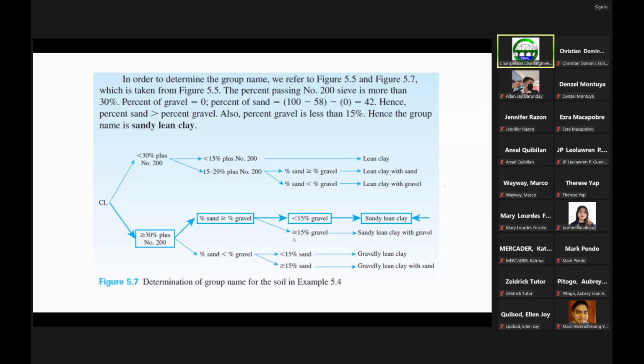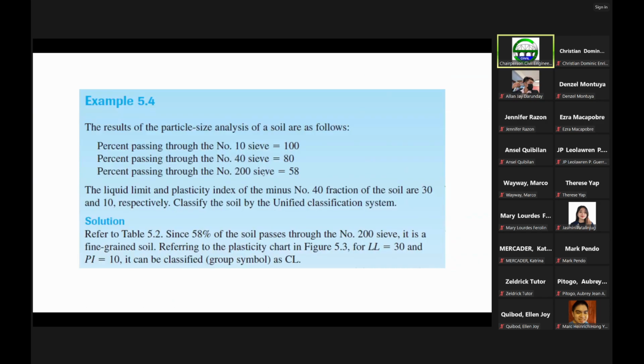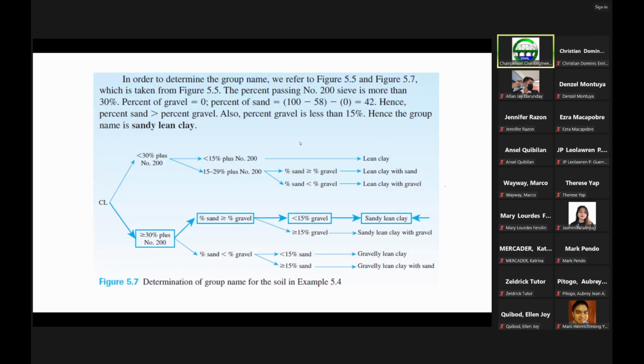What is given is 58. That's the percent passing number 200 sieve. So if you want to get the percent retained on the number 200 sieve, then that is 100% minus 58. So this is the percent passing. 100 minus the percent passing will give you the percent retained.